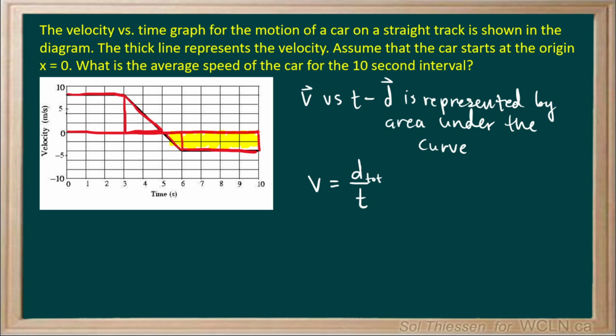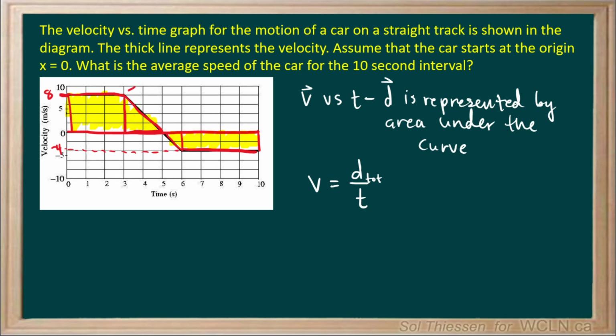Now, to make it a little easier, I'm going to label some points on the velocity axis. This is 8, and this here is -4. So that'll be useful when we're calculating these areas.